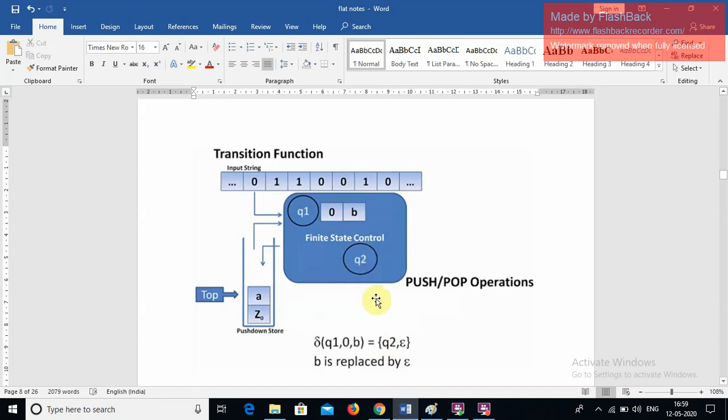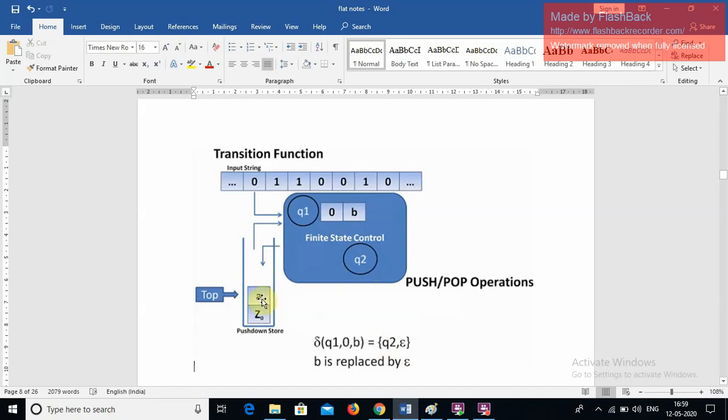So q2 actually tries to push epsilon. We already know that pushing epsilon or pushing nothing are both the same. That's why here we don't have any symbol, and obviously the top is at the a symbol.